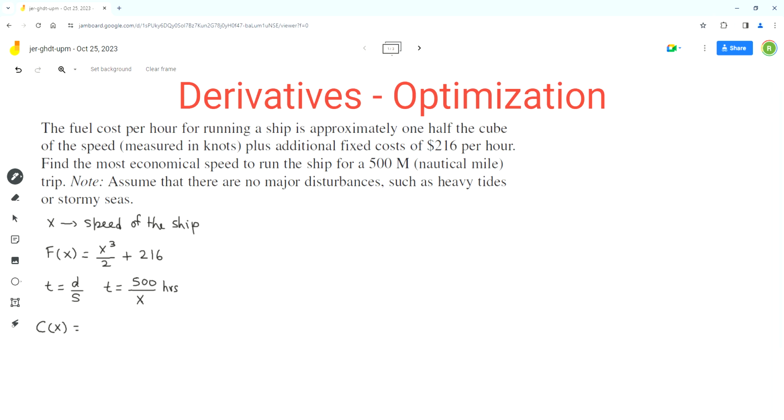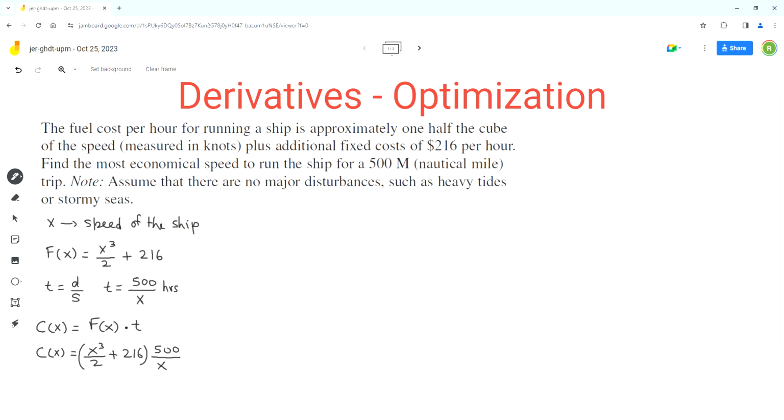So c of x would be f of x, which is the fuel cost per hour, times the time in hours. So now we can substitute in the expressions for f of x and t. So f of x is equal to x cubed over 2 plus 216, times 500 over x.